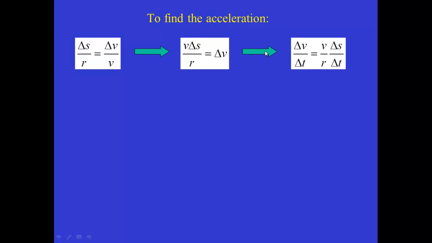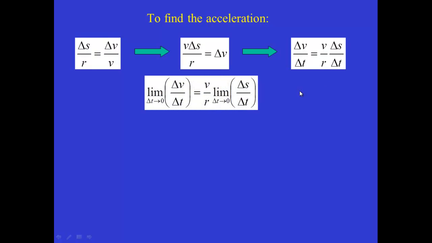Now the average acceleration between those two points is delta v divided by delta t. So we just take both sides of the equation in the middle, divide them by delta t, and we see what we find over here is v delta s over r delta t. Now delta s over delta t, that's the distance divided by the time, and so that is the average speed, or just v.